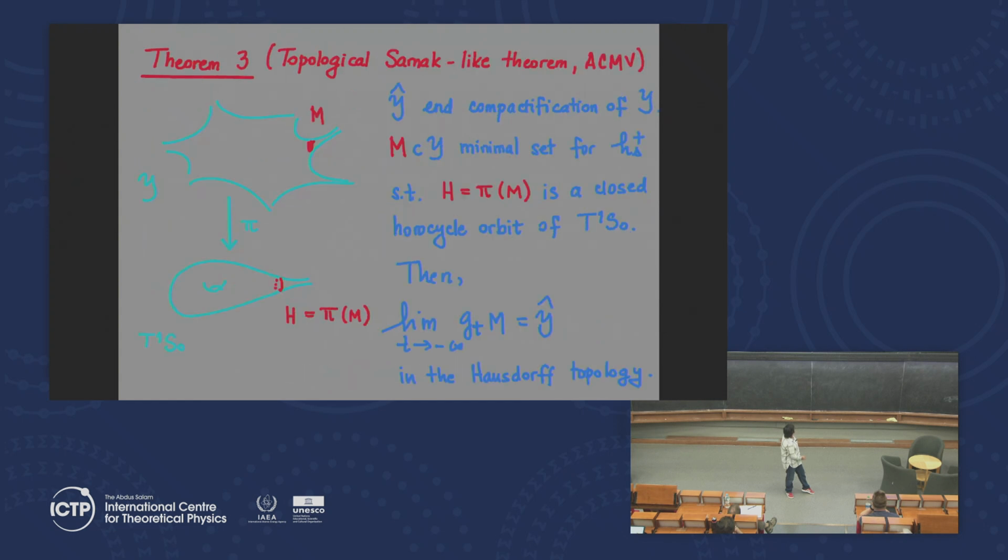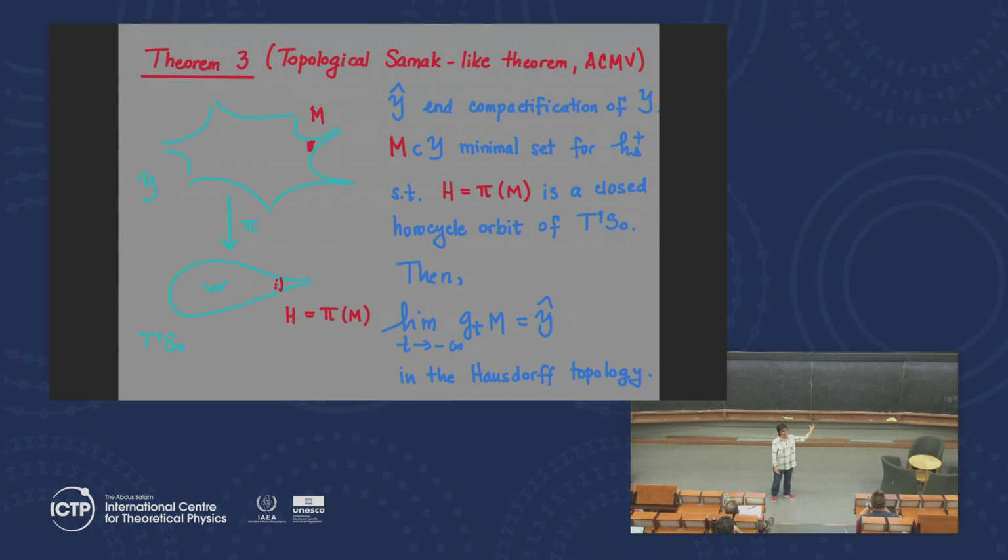And then we ask ourselves, well, what happens to these minimal sets when you push them with the geodesic flow? Since we're looking at the stable horocycle flow, when you push them with positive times of the geodesic flow, you go to the ends of the hyperbolic solenoidal surface.